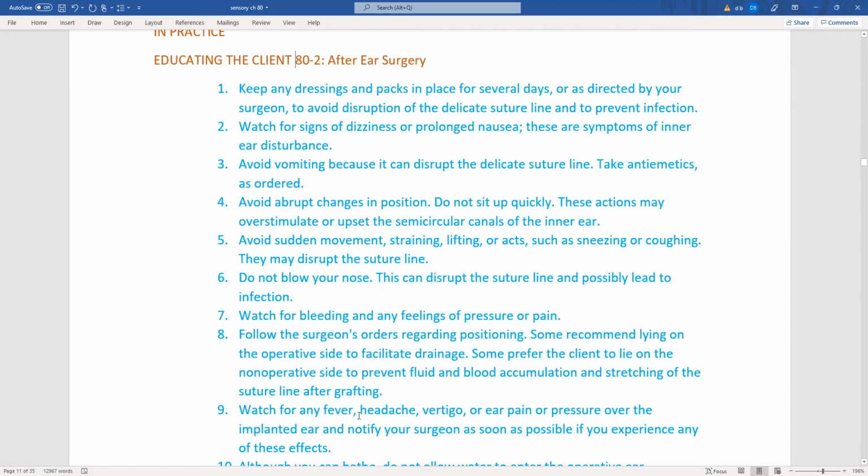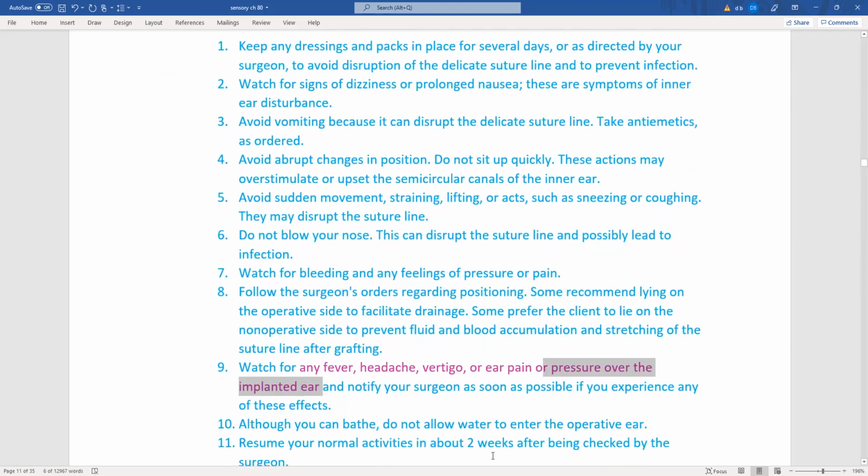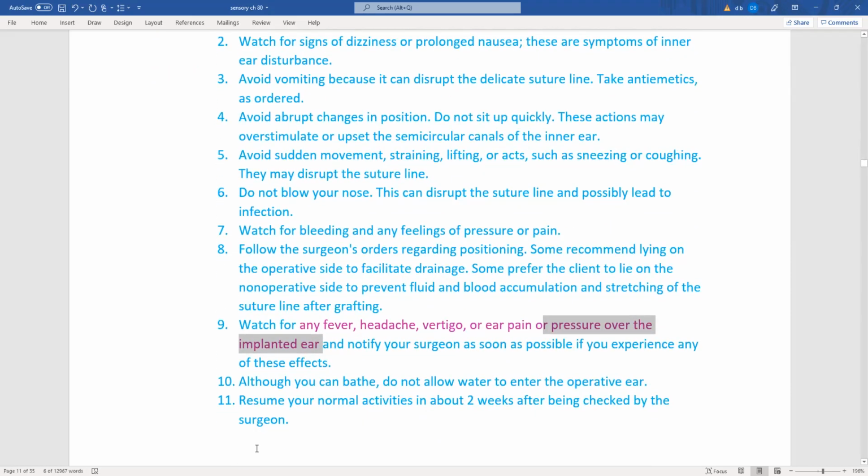Watch for any fever, headache, vertigo, ear pain. All of that might be a select all that apply. Pressure over the implanted ear, and notify the surgeon if any of that happens. Notify him or her ASAP.